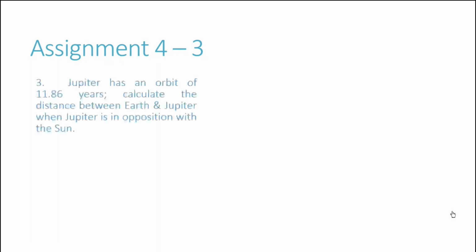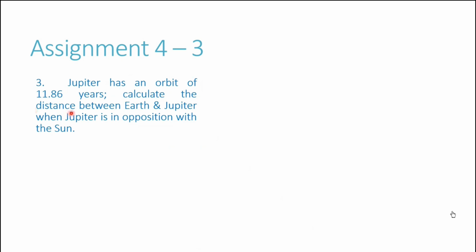Now we have learned some concepts related to the motion of the planets in the solar system. Let's now try to see what type of questions are formed on the basis of these concepts. We have the first question now on the screen. Jupiter has an orbit of 11.86 years. This 11.86 years is the orbital time period of Jupiter.